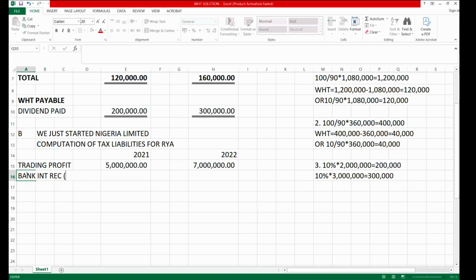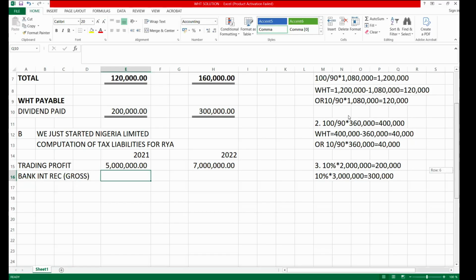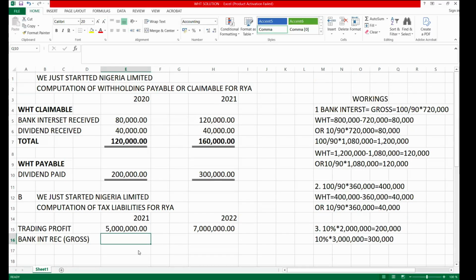It is the gross amount that you are going to charge to tax, because that gross amount is your entire income. So the fact that you have deducted withholding tax, when you are charging it to tax, you state the gross amount. We calculated it here the other time. Bank interest gross for this one is 8.2 million. So you state the gross amount, because the gross is his income.